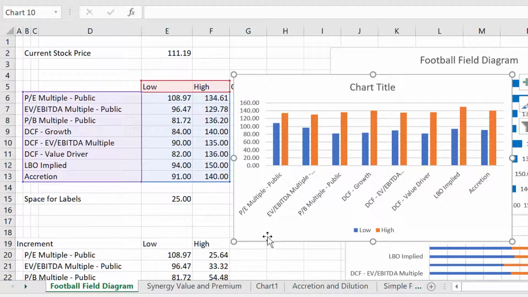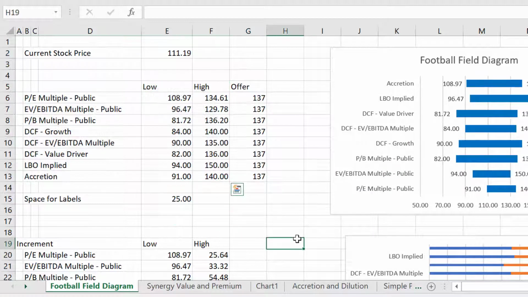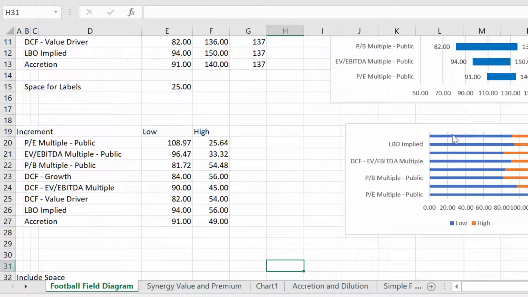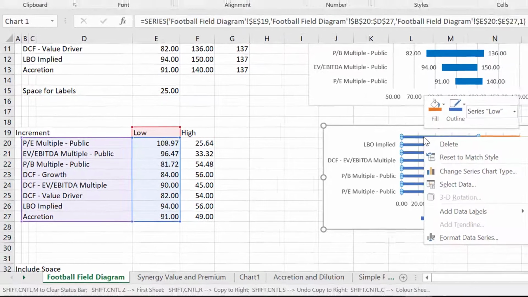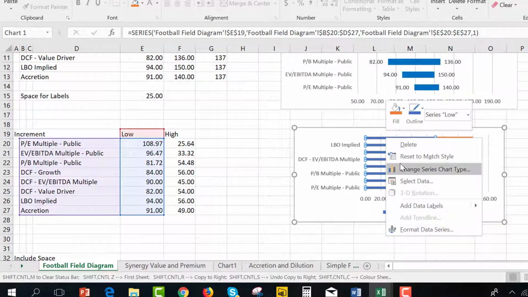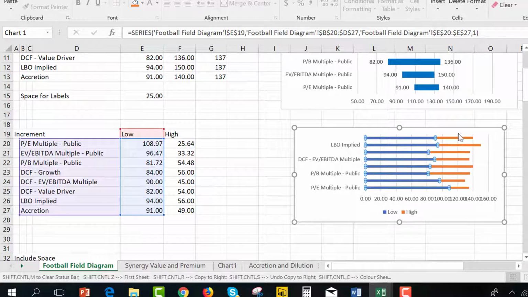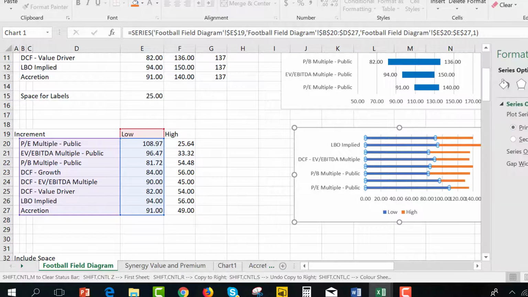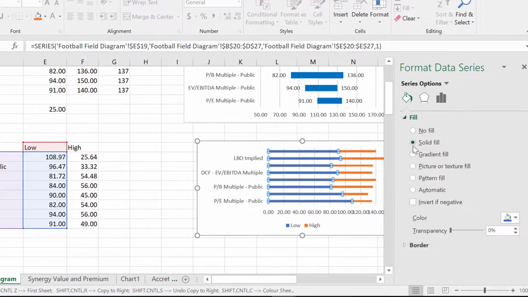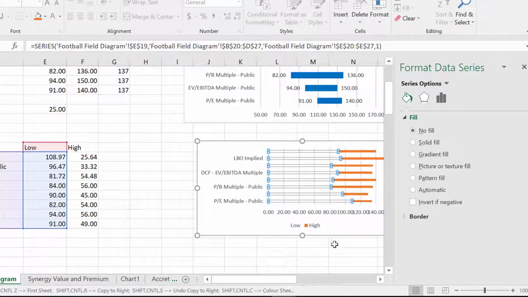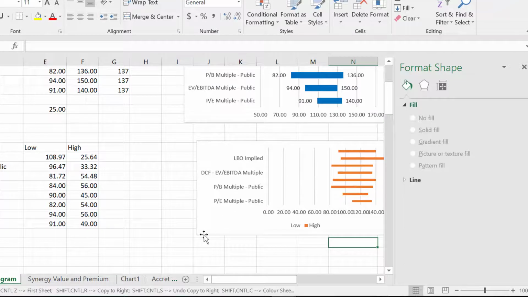The easy part of this, I'm just showing you a little tiny bit of this. The easy part is right-click on this one, and you format the data series and take out all the fill. Okay, that's easy. And then you arrange the scale a little bit.